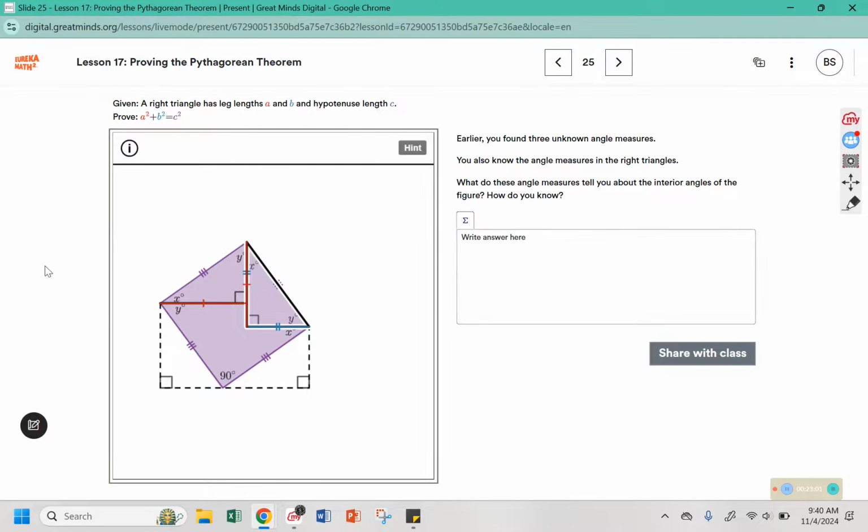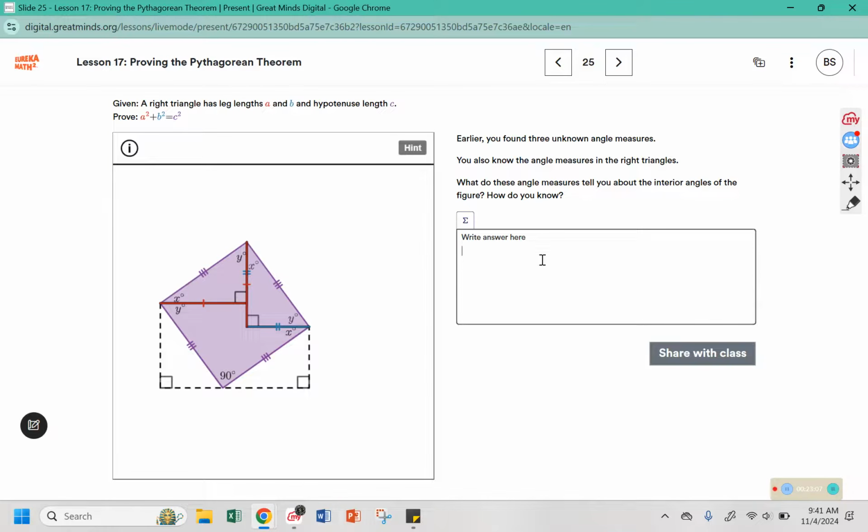So this top piece up here, x plus y is 90, x plus y is 90, and x plus y is 90. So we know that the 4 corners of the purple square are, in fact, 90-degree angles.